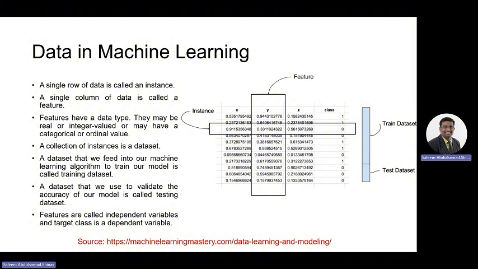Normally, we take a 70-30, 60-40, or 80-20 ratio. If you have 100 records, you can divide 70 records for training and 30 for testing, or 80 for training and 20 for testing. It depends on our division.